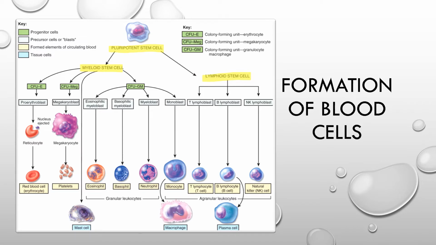Now, myeloid stem cells begin their development in red bone marrow, and they give rise to red blood cells, platelets, mast cells, eosinophils, basophils, neutrophils, and macrophages.